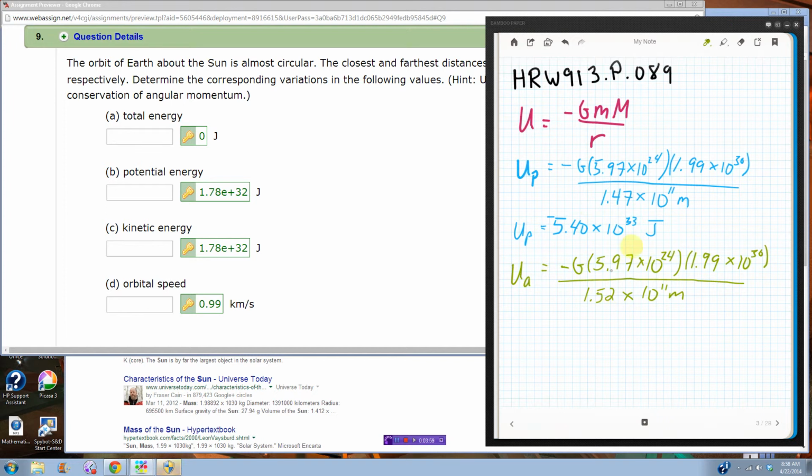All I got to do is go back and change the 1.47 into a 1.52. So I'm going to go do that. And I get 5.22 times 10 to the 33rd.